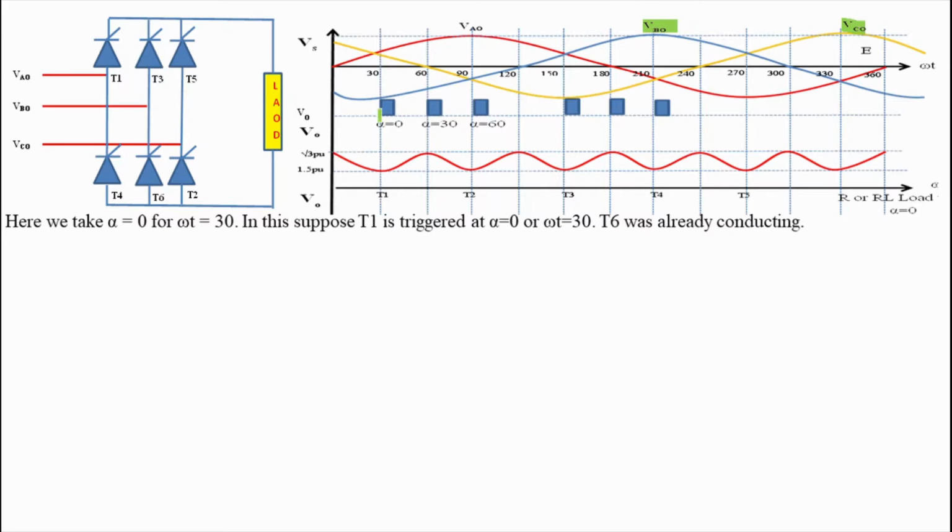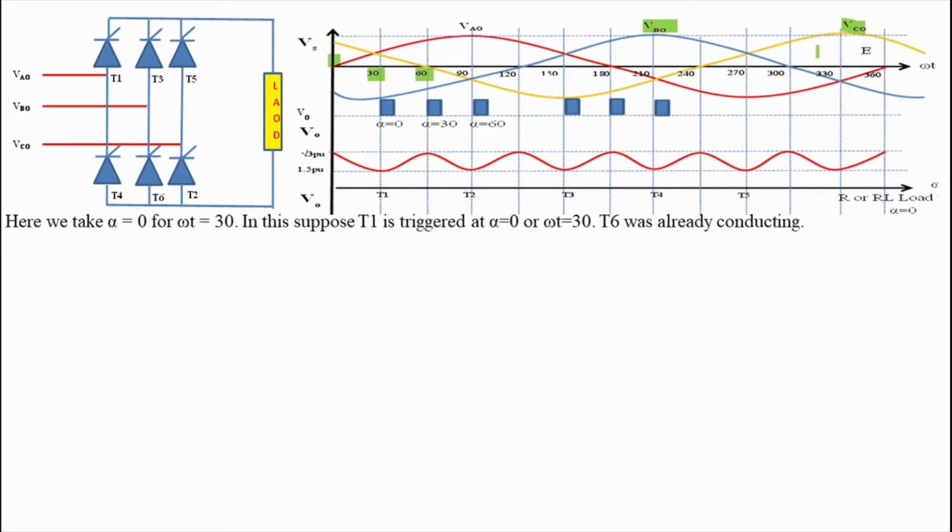Here this red waveform crosses the omega t axis at omega t equal to 0. So we will trigger a thyristor at omega t equal to 0 plus 30, that is 30 degree. See, this yellow waveform crosses 0 at omega t equal to 60 degree.